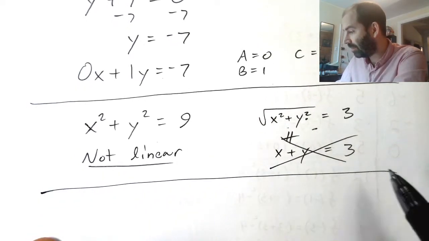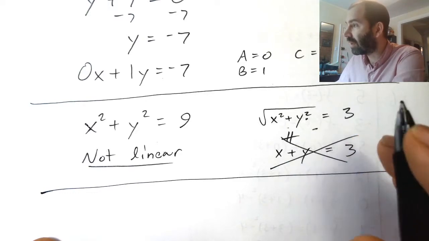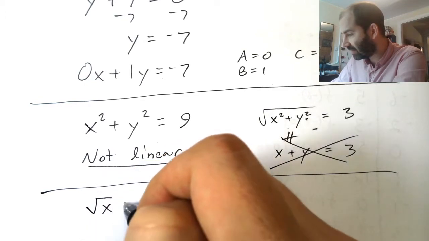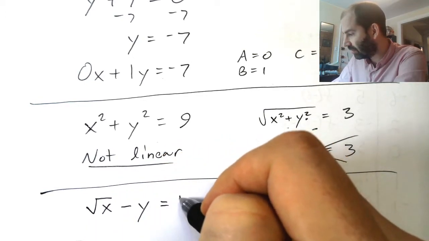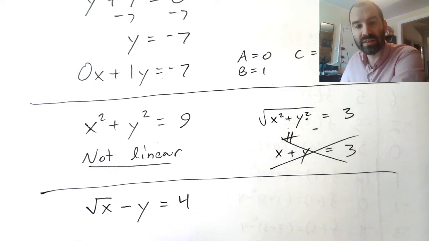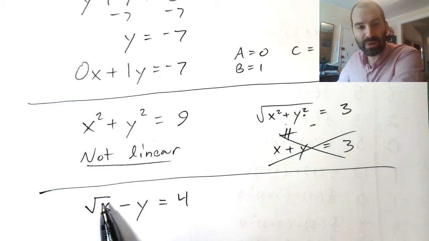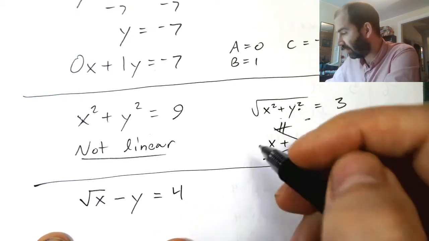What about, let's see, let's try the square root of x minus y equals 4, something like this. Well, the problem is I have a square root on the x. How would I get rid of that? You might try squaring both sides to get rid of it. Let's try that.